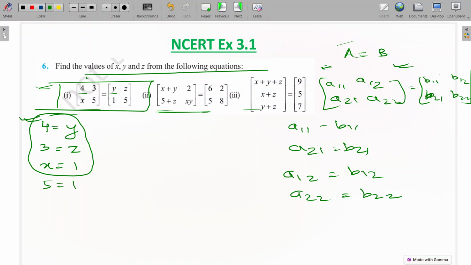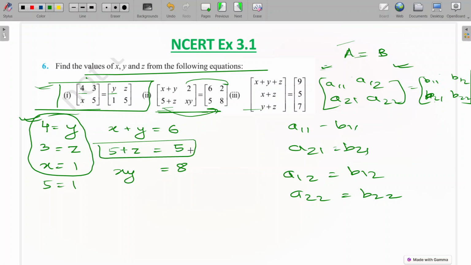Now consider the second question. It is showing x plus y is equal to 6, 2 is equal to 2, 5 plus z is equal to 5, and xy is equal to 8. From here we can conclude 5 plus z is equal to 5, it means z equals 5.